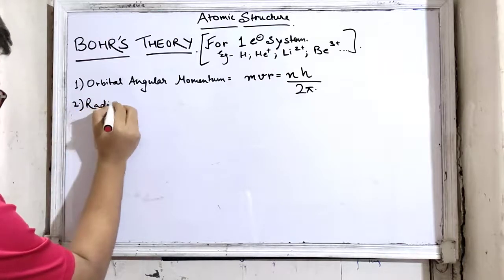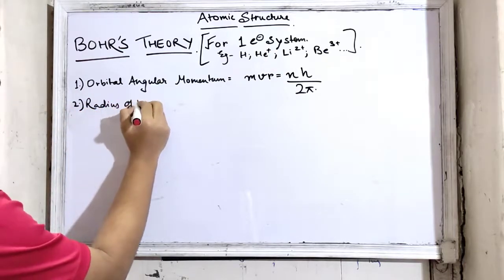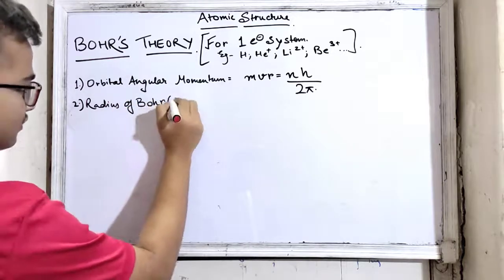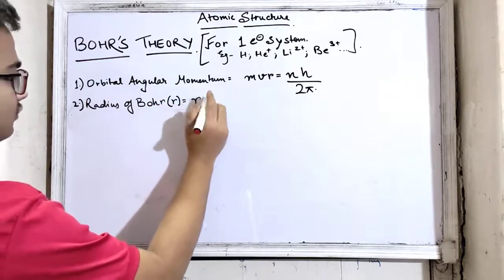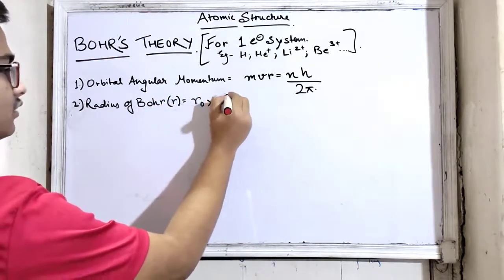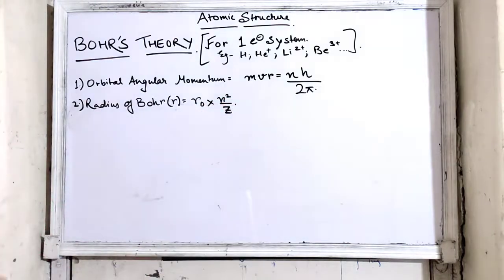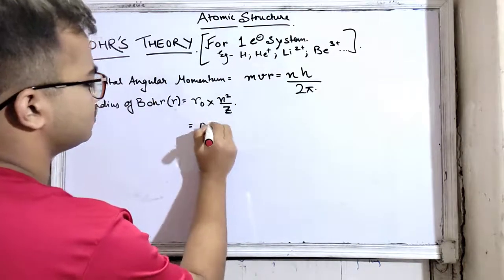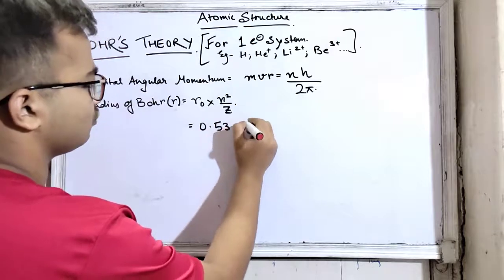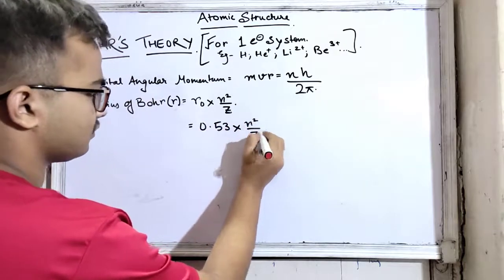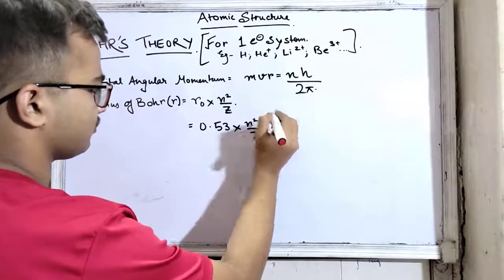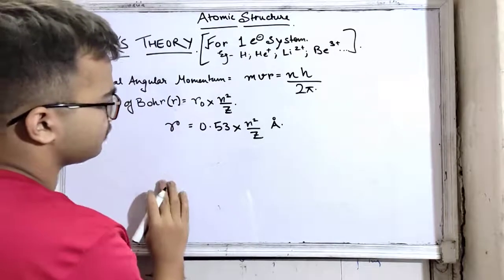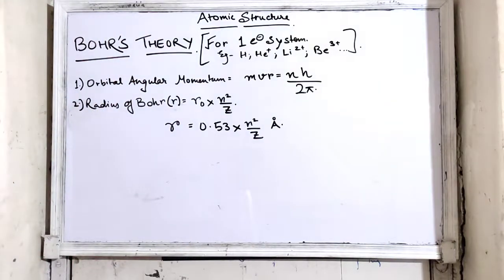Radius of Bohr, if we take it as r, is equal to r0 into n square by z. This r0 has a value of 0.53, so r equals 0.53 into n square by z angstrom, right?